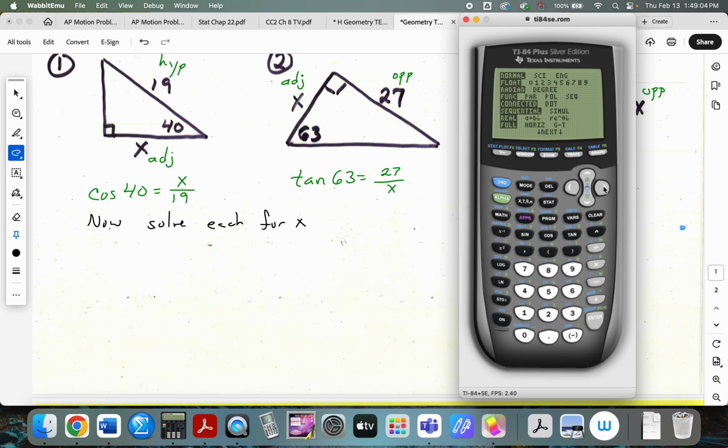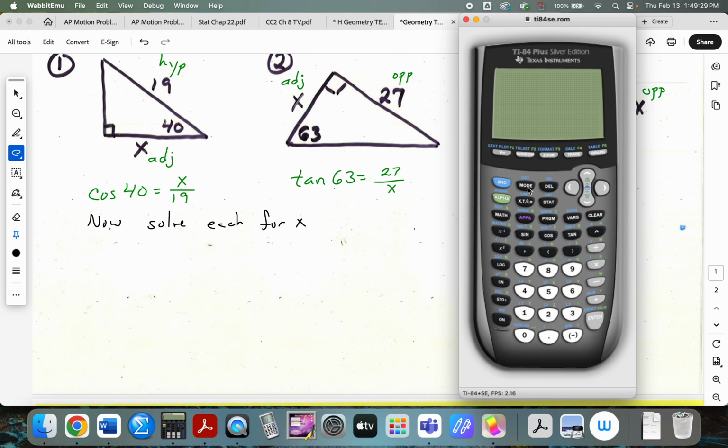I want it to be on degrees, so I move it over to degrees and hit enter. Now the degree has the black background and is flashing. And then I want to quit out of that. Notice that quit is in blue right over mode. That means you need to press the blue second key first, then the mode, and it'll quit out of that.